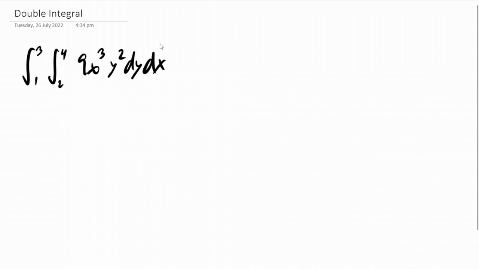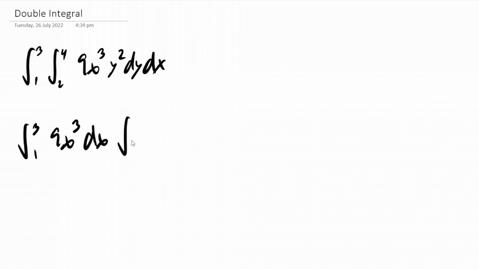So there are two methods. We start with the middle one, or we integrate it from this original equation here. We will integrate it like this: dx multiplied by the integral from 2 to 4 of y squared dy.